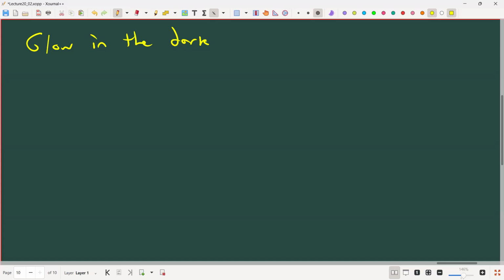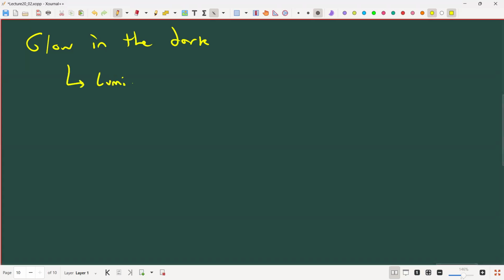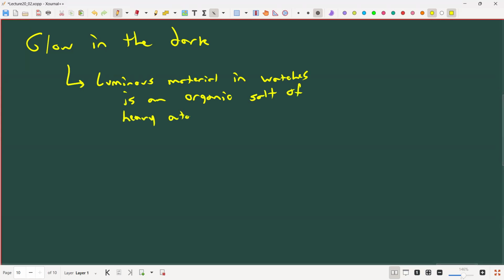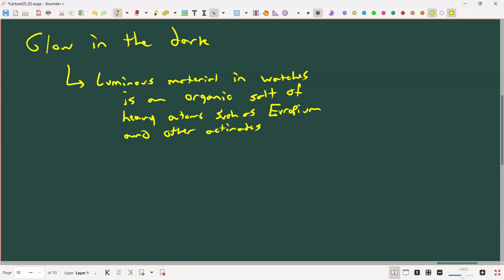So these little pads have this luminous material, which in watches is an organic salt of heavy atoms, such as europium, and other actinides. Right? These are atoms with a lot of electrons. They have very, very strong spin orbit coupling.